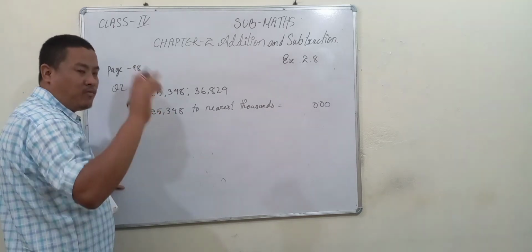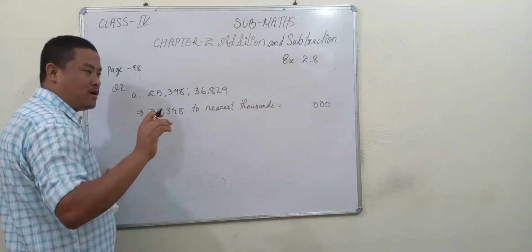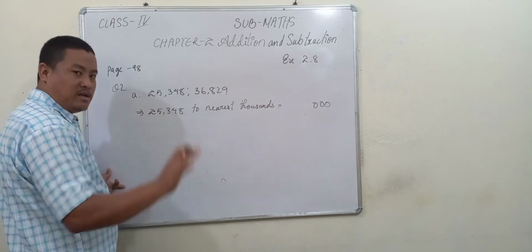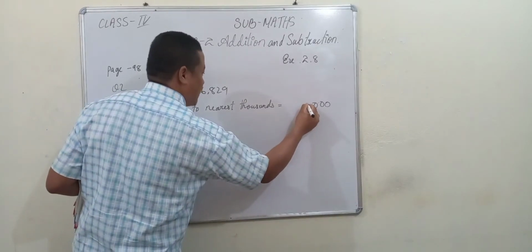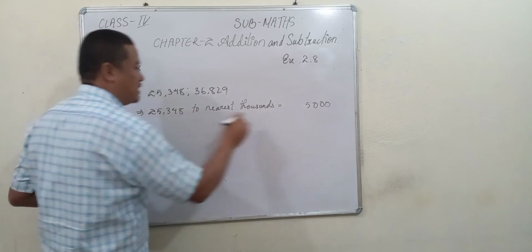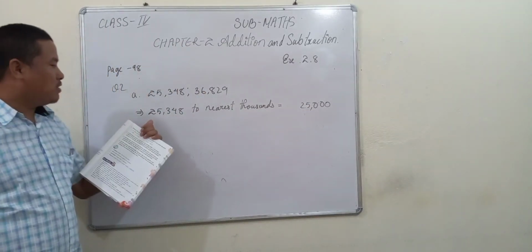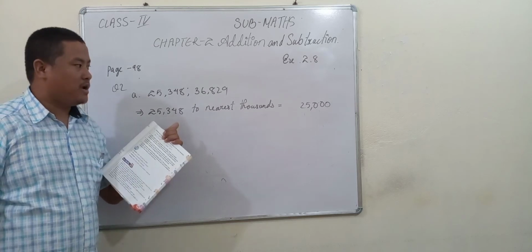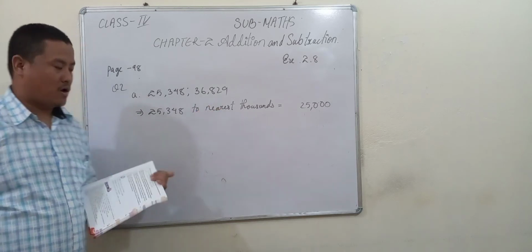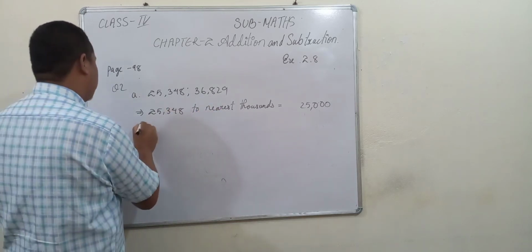If it is smaller than 5, the next number will not plus by 1. It will remain the same, 5, and this number also will remain the same, 25,000. Okay, nearest thousand of 25,348 is 25,000.